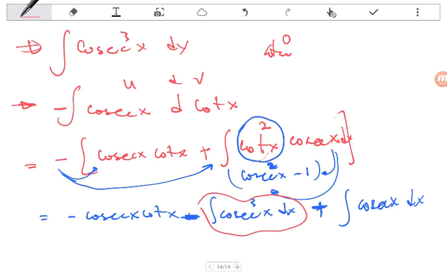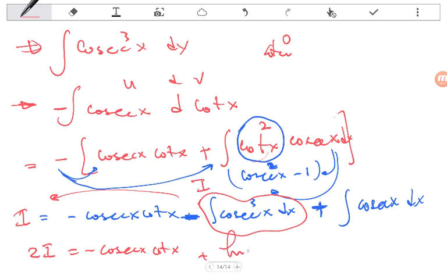Here is the original integral, which is I. Now I have 2I equal to minus cosec x cotan x plus integration of cosec x, which is ln cosec x minus cotan x, like this, all plus c after dividing by 2.